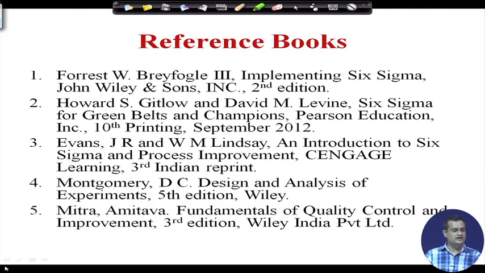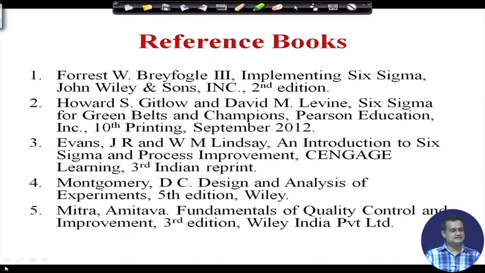We have many books in this area, but I would recommend a few references that you can use in order to digest the content of video lectures and the assignments in greater depth. Book number 1 is Forrest Breyfogle, Implementing Six Sigma, John Wiley.